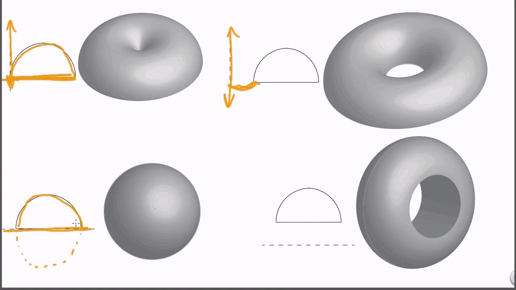If you take half a circle and spin it around its flat edge, you're going to get a perfect ball. But then that same shape, the same half circle spun around with a gap, and now you've got a hole in the middle just like always, except on these other ones, the hole in the middle is a different shape. We had kind of a curve coming into the hole, whereas on this one we have a long sort of bore.